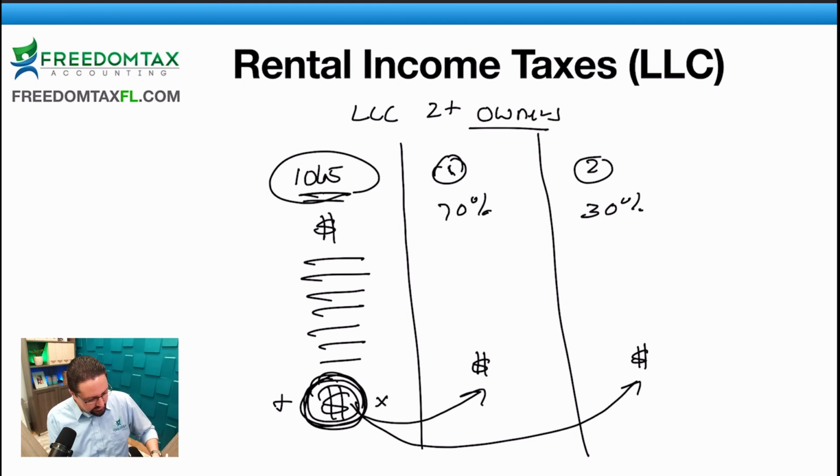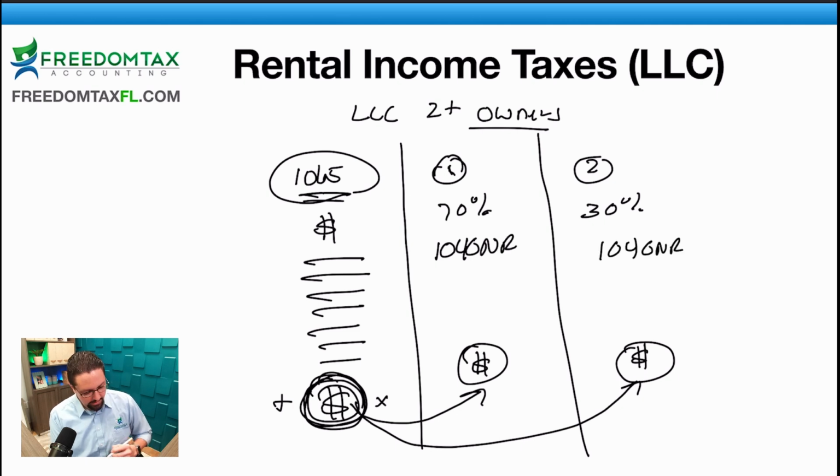That percentage of the ownership gets reported on a personal tax return that each owner needs to file. So each owner needs to file a 1040 NR form so they can pay the federal tax for the amount of income that gets reported on their personal tax return.